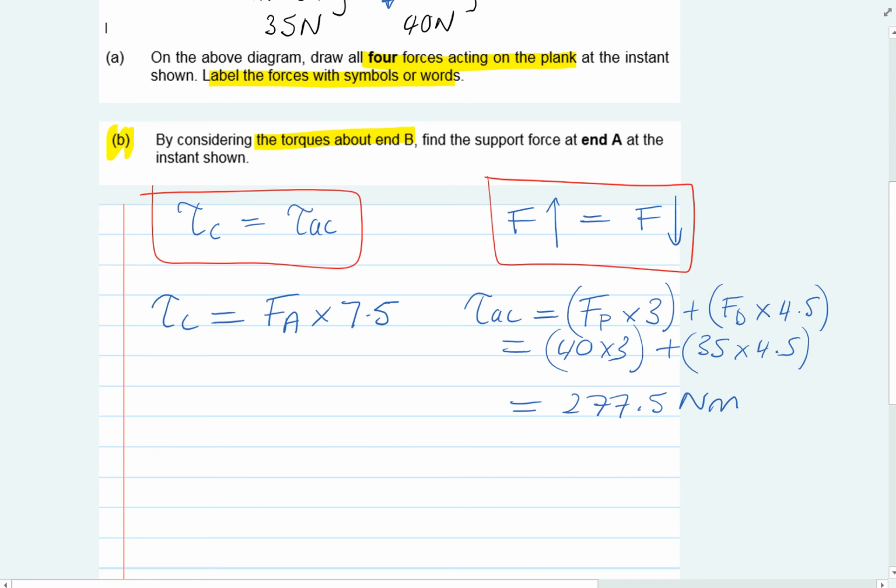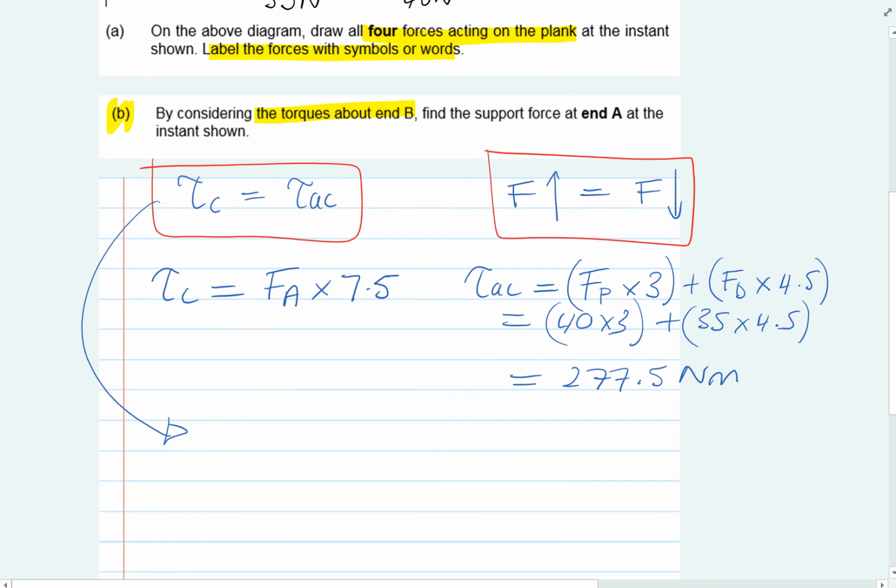Okay, now we can come to the point where we take advantage of this equation right here, and that is that the torques clockwise must be equal to the torques anti-clockwise. This means that FA times 7.5 must be equal to 277.5.